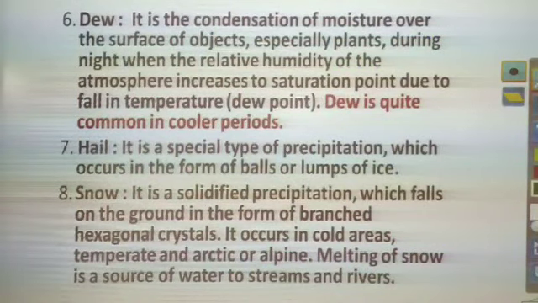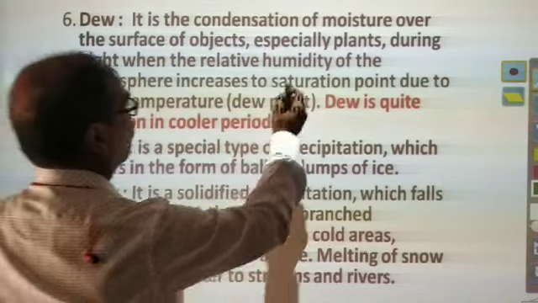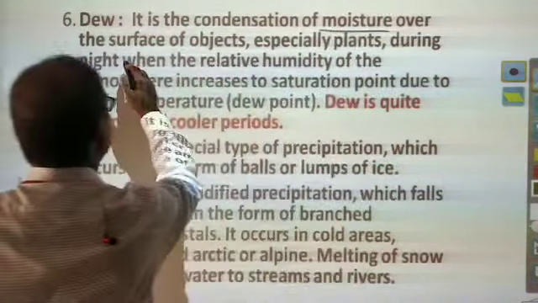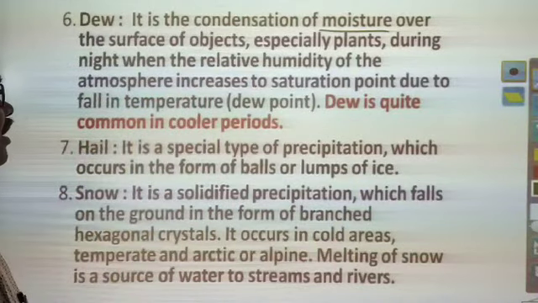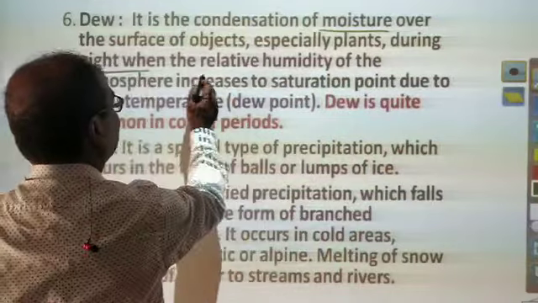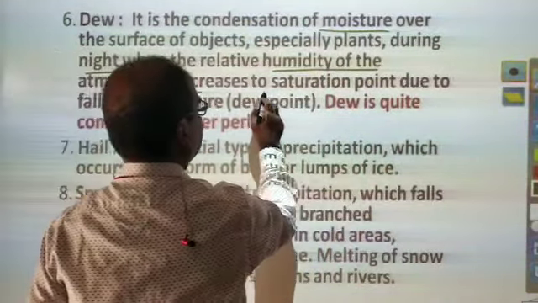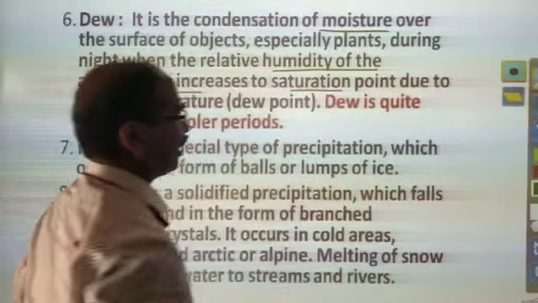Then another form of water is dew. It is the condensation of moisture over the surface of objects, especially plants, during the night when the relative humidity of the atmosphere increases to saturation point.